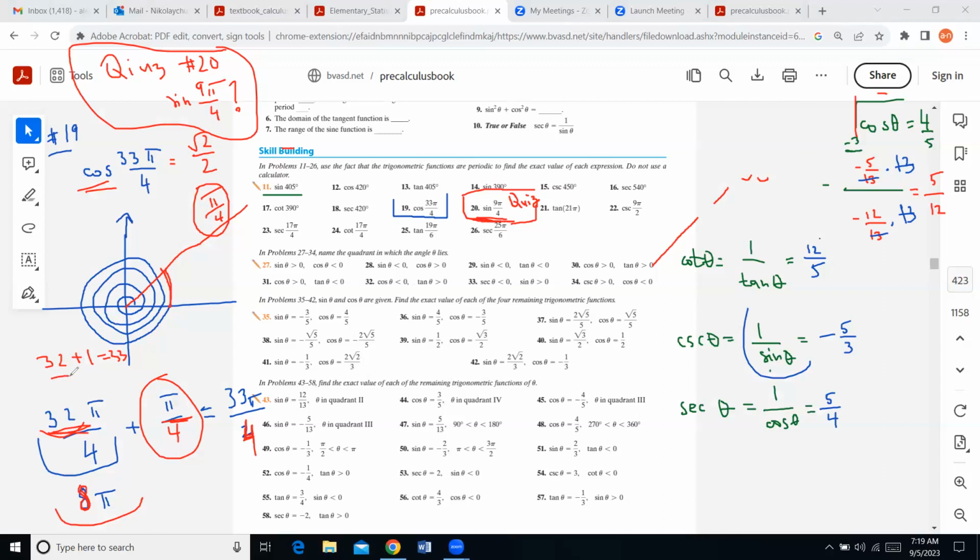That was the 32 plus 1. So I split 33 into 32 and 1, and that's how we produced 8 pi. You divide 32 by 4. Oh, okay, thank you.